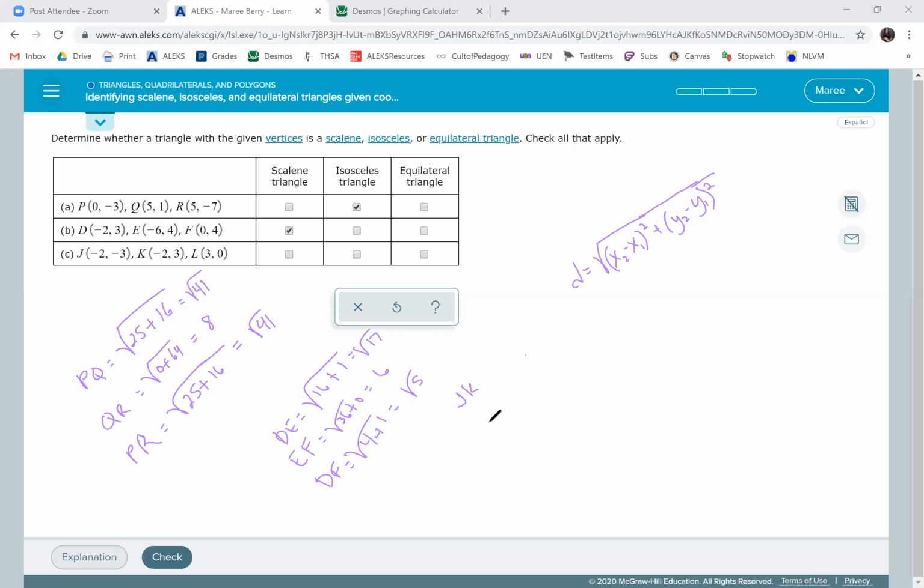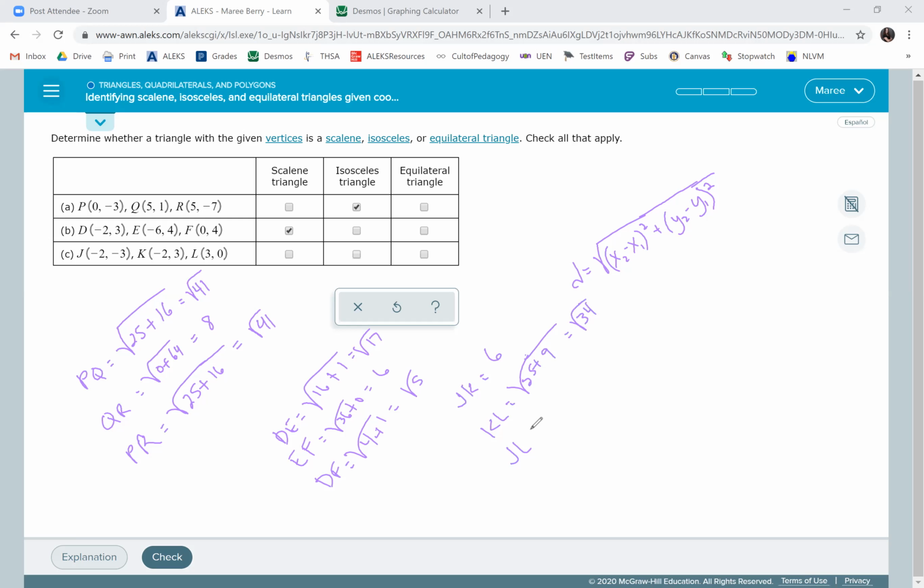And the last one, JK, JL, say that every time. Okay, so the x's are 0 and the y's are 6. So square root of 36, that's 6 units apart. KL is -2 to 3, which is 5 units, squared is 25, and the y's are 3 units apart, squared is 9. So 25 plus 9 is 34.